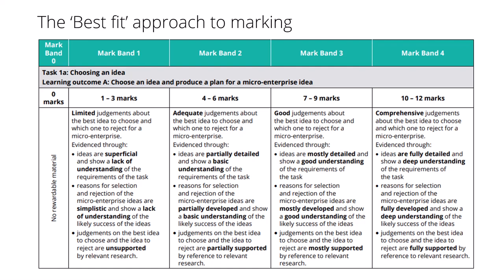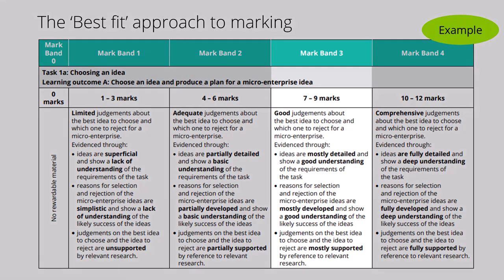If all bulleted traits met are within the same mark band, the assessor should take into account how well the learner's response meets the requirements of the descriptor in that band. If the learner's response meets the requirements of the descriptor fully, the assessors should be prepared to award full marks within the mark band. The top mark in the mark band is used for a learner's response that is as good as can realistically be expected in that mark band.